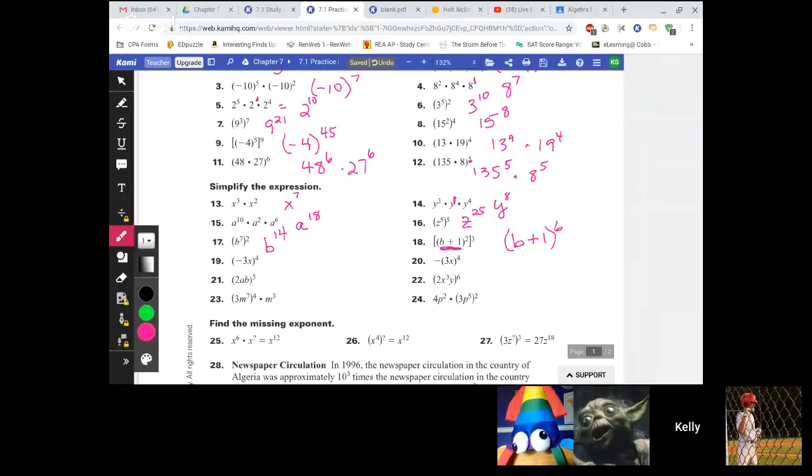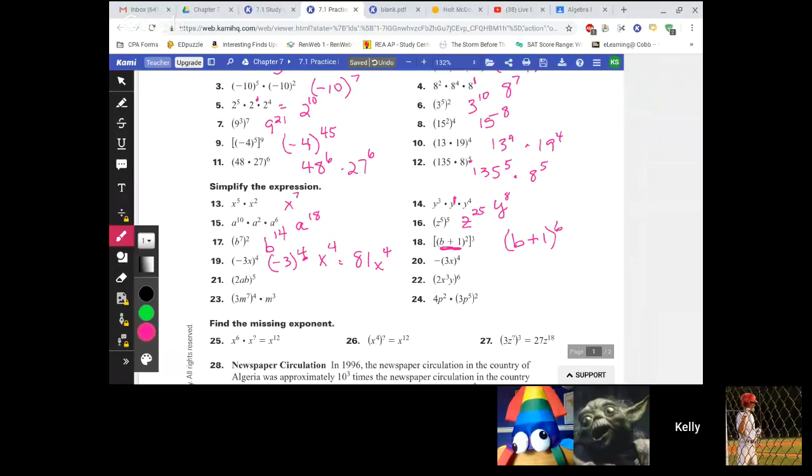On number 19, that is negative 3 to the 4th, x to the 4th, which then is 81 x to the 4th. And whenever the base is negative, if the power is even, your answer will be positive.